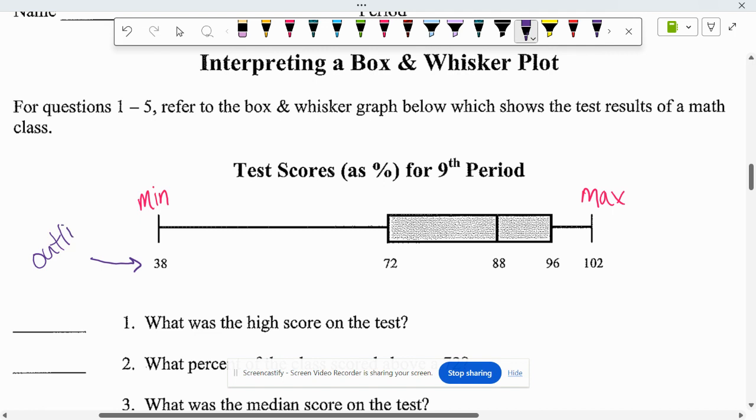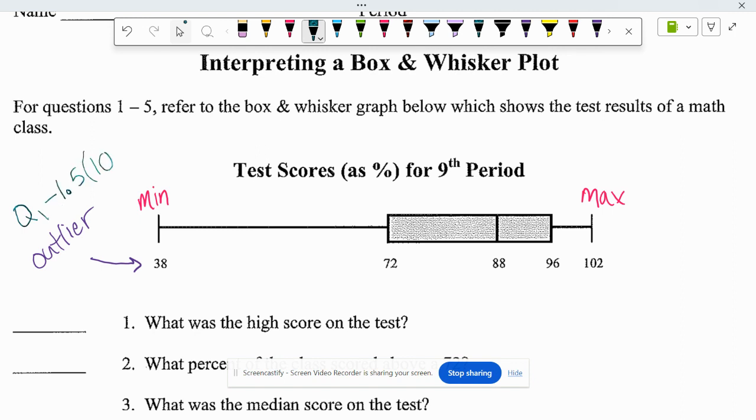Do you know how to calculate an outlier? Do you remember? This is an outlier on the low side, so you want the low side. So what quartile are we looking at? Q1 minus 1.5 times your IQR.